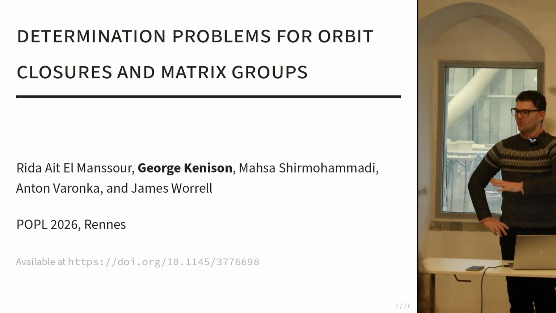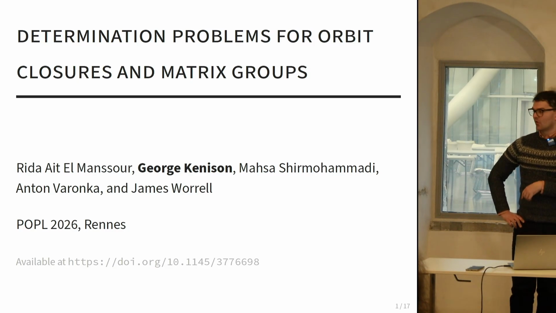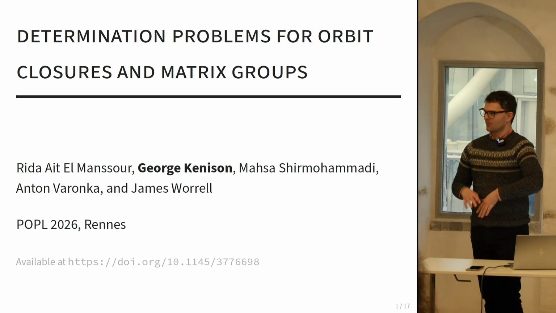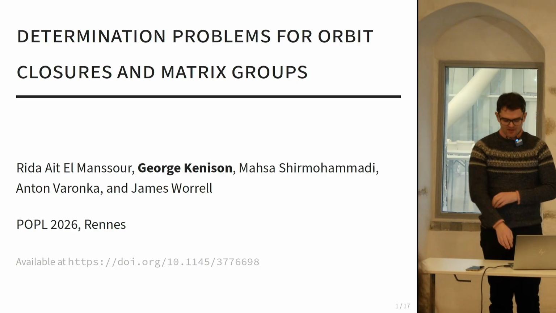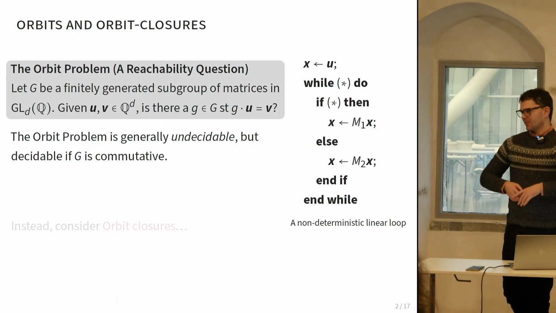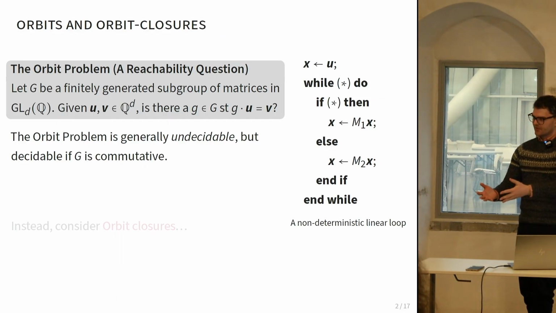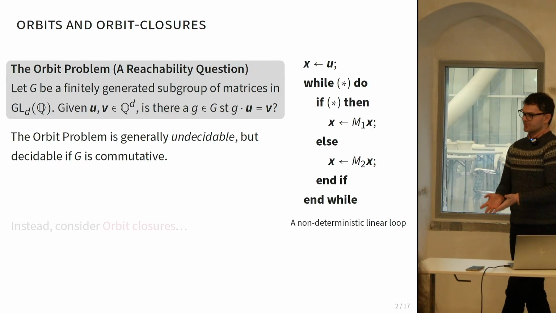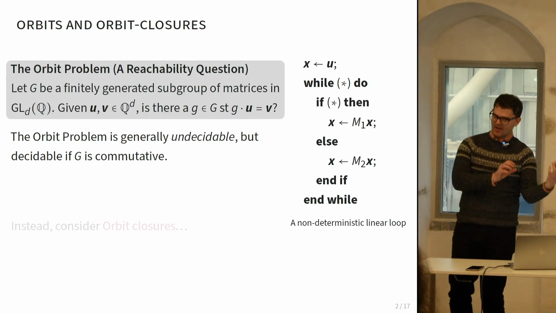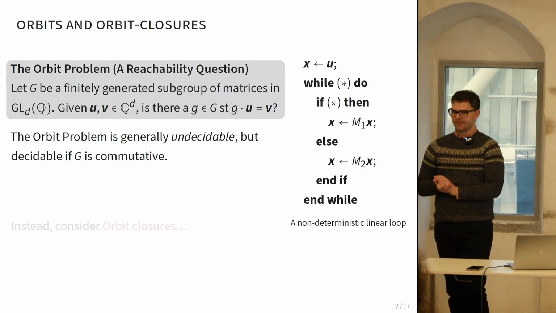I'm going to explain what an orbit problem is and what orbit closures are, and we'll try and leave the difficult mathematics until the very end. In particular, Nikhil just gave a great reachability question in his talk, where he was talking about transitions through a given program.